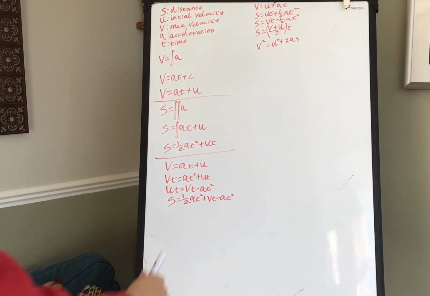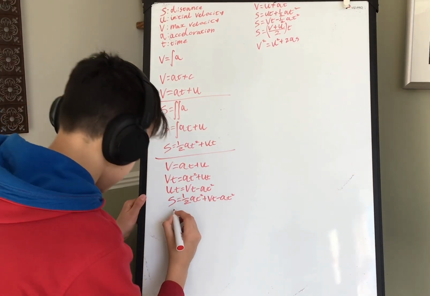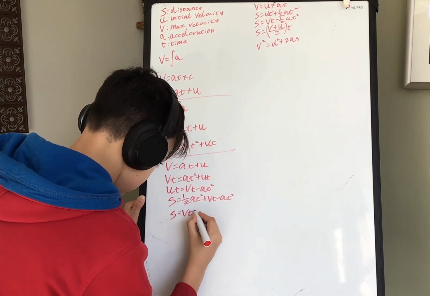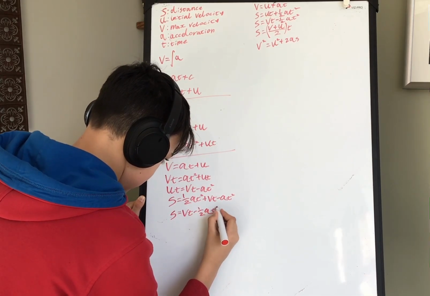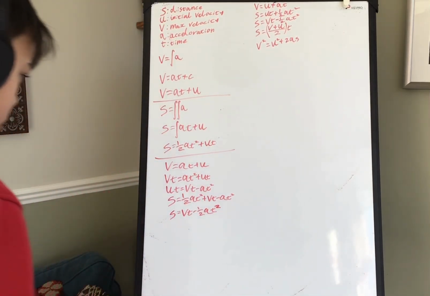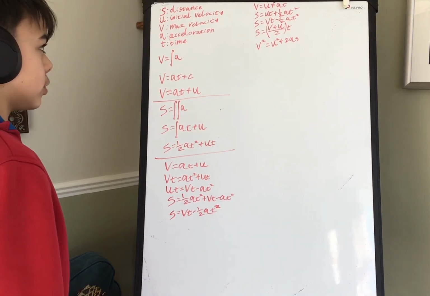And then you can see you have plus 1/2 AT squared minus the whole AT squared, which is just going to be S equals VT minus 1/2 AT squared. Just like that. Okay, so that's our first three SUVAT equations.